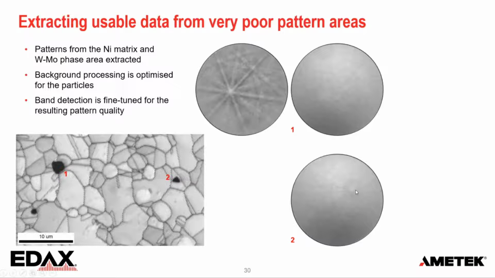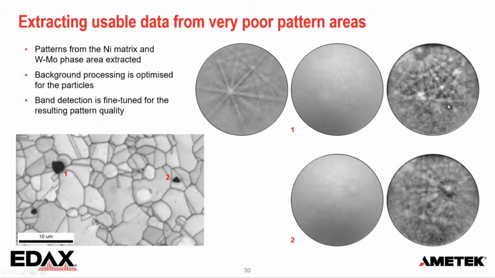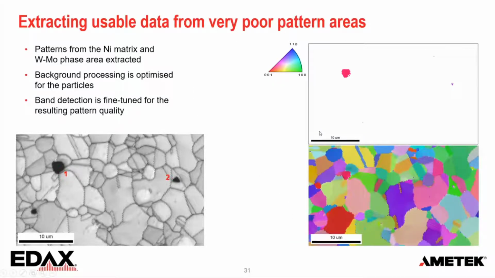And when I extract those points and really maximize the image processing there, I can extract patterns that look like this. And that is very indexable. So now also for here, I could just take those points, reindex them, in this case with a tetragonal tungsten molybdenum phase, and add those into the original data set.